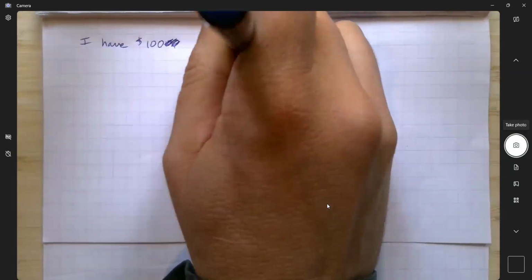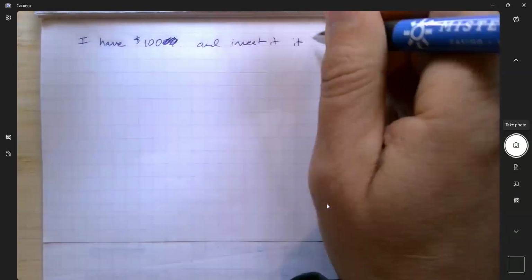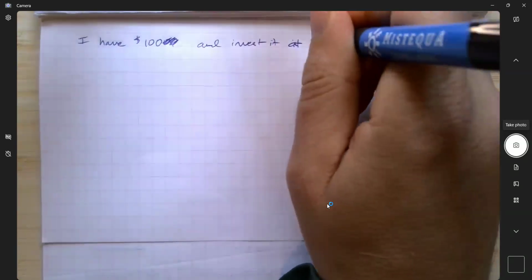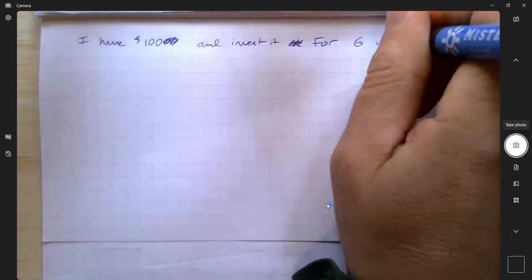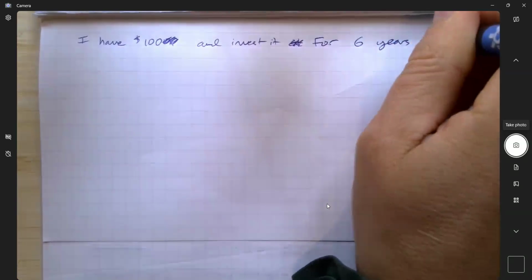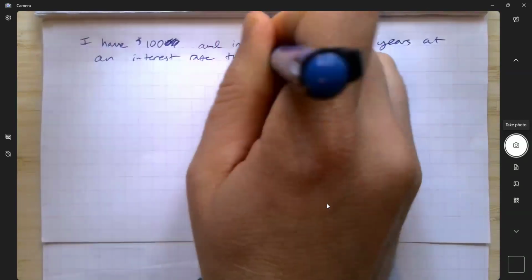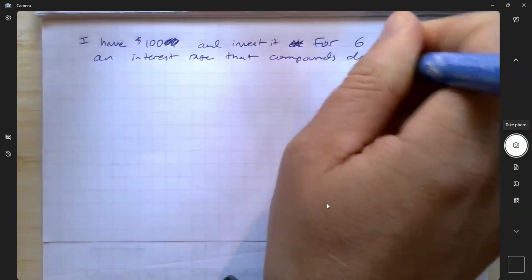So if I have $10,000, let's keep it simple, $100, and invest it for 6 years at an interest rate that compounds daily.